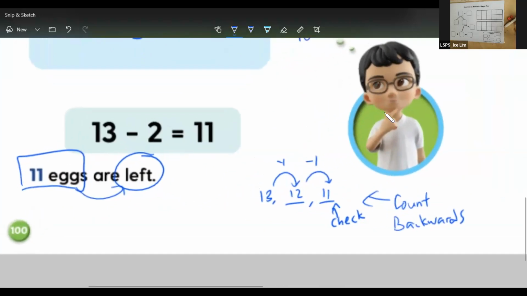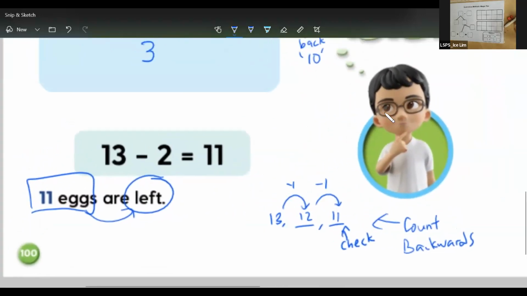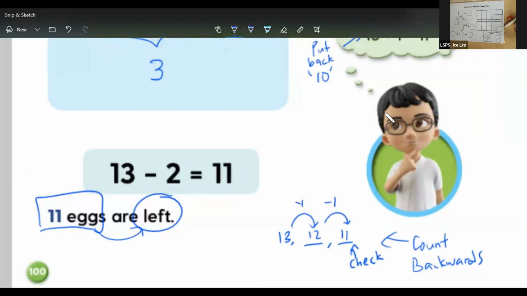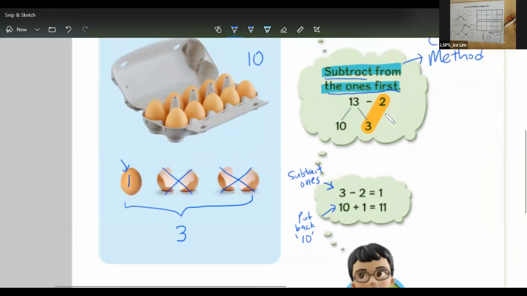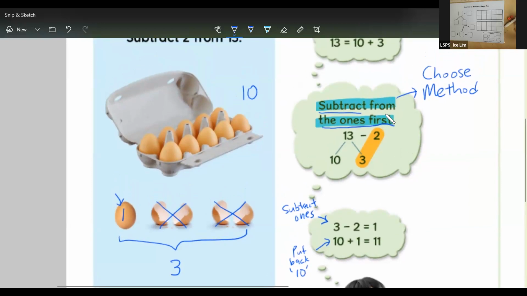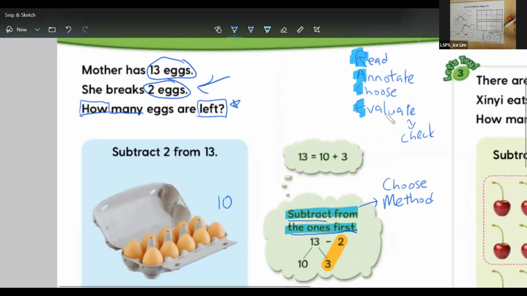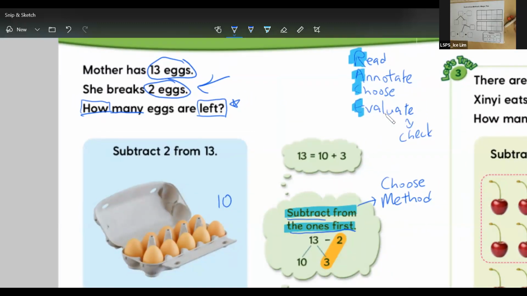Okay, you can take your notes first. Okay, those of you who are done, you can try with the whiteboard.